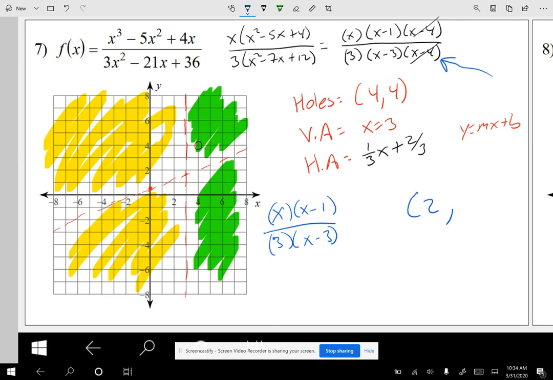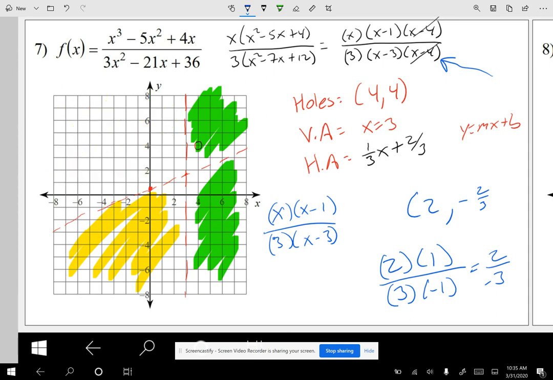Well, what if x equals 2? So I have 2 minus 1 over 3 times negative 1. That gives me the value of negative 2/3. So that tells me that it's in this section.